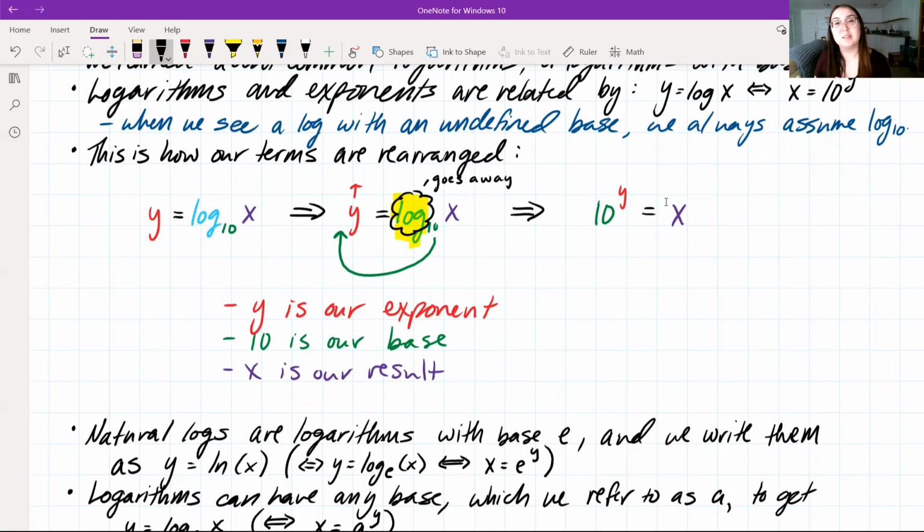Your result is always what is being applied by the logarithm, and your y is always going to be your exponent. So whatever your logarithm is equal to, that is the exponent. Whatever the base is, that is the base of your exponent. And whatever you're taking your logarithm of, that is technically the result. That is how we rearrange our problems when we have logarithms and exponential functions.